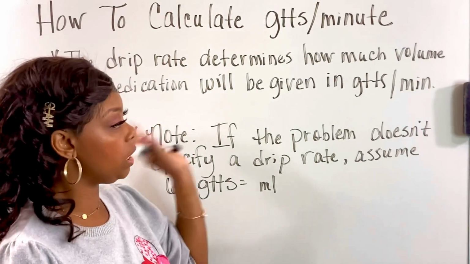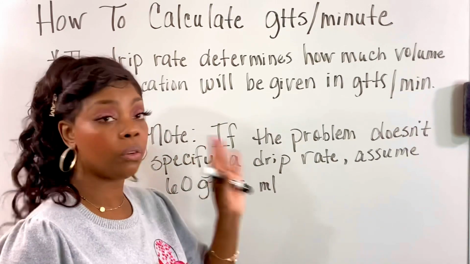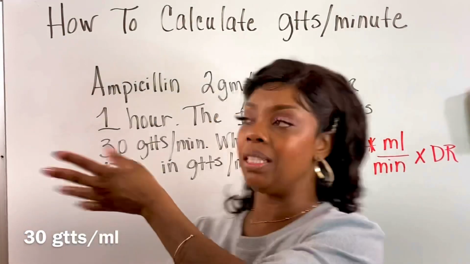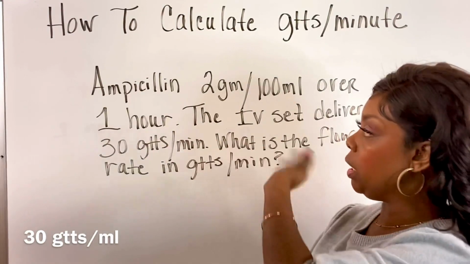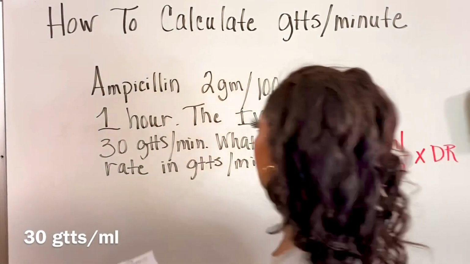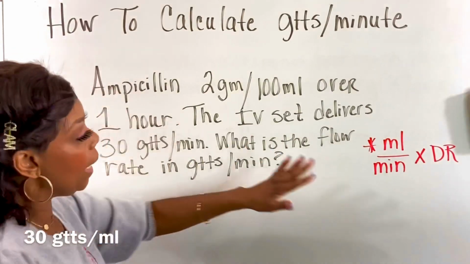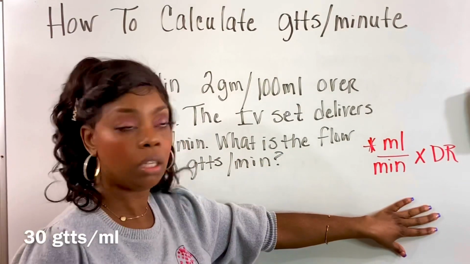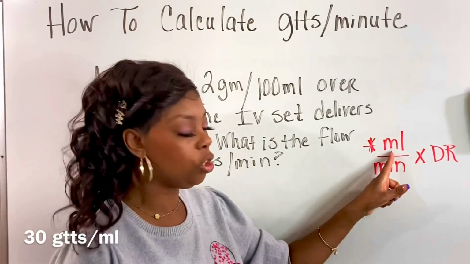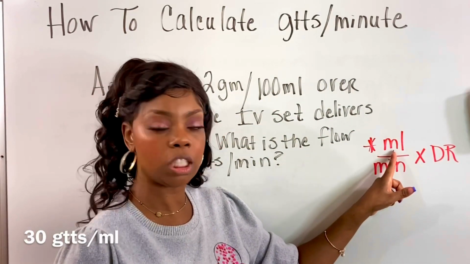So I'm going to get this erased, and I'm going to put up our first problem. Okay, so I'm going to be using ampicillin as our drug on all of these because I don't feel like creating different names, okay? So we'll just be using ampicillin on all of these. Okay, so it says, and right here is your formula, okay? In order to get drops per minute, all right? So that means you're going to reach in and you're going to pull however many milliliters are in this problem.